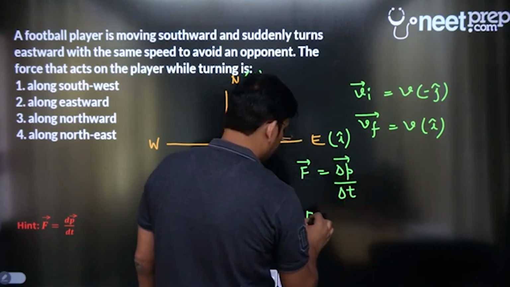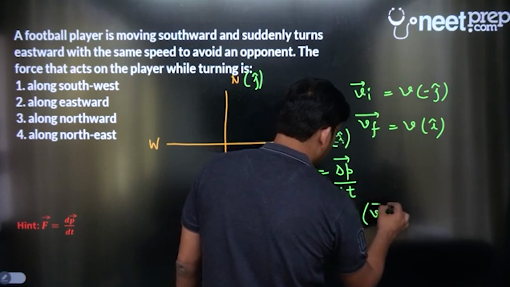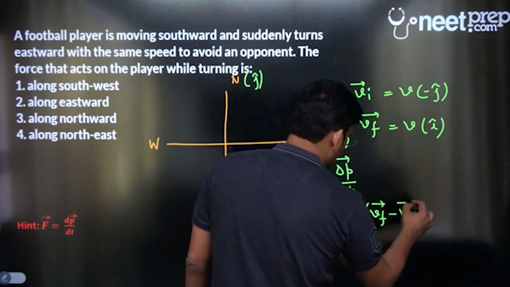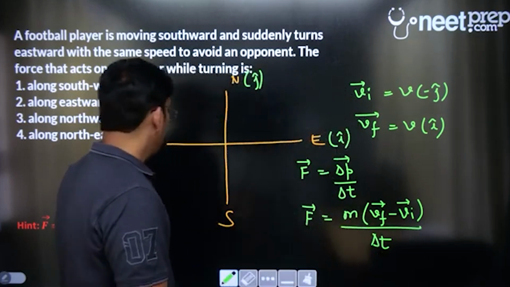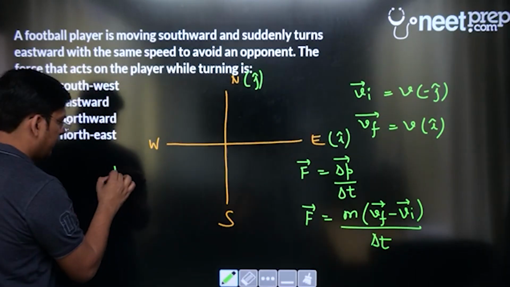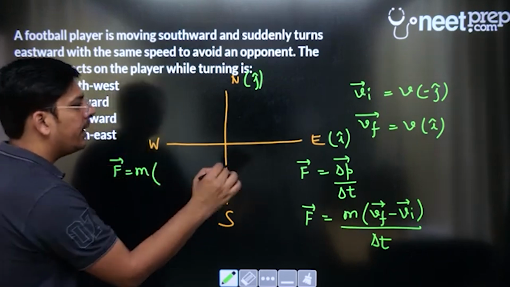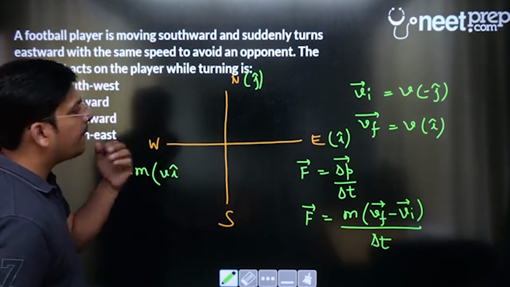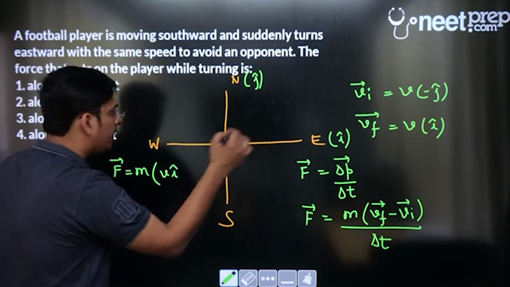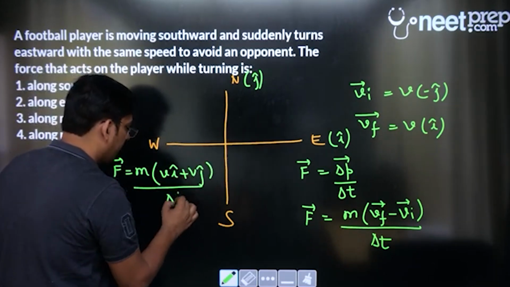And change in momentum would be m times final velocity minus initial velocity, divided by the time taken. So we are getting m times, and what is the final velocity? It is v i cap minus initial velocity, minus becomes plus v j cap, divided by time, right?